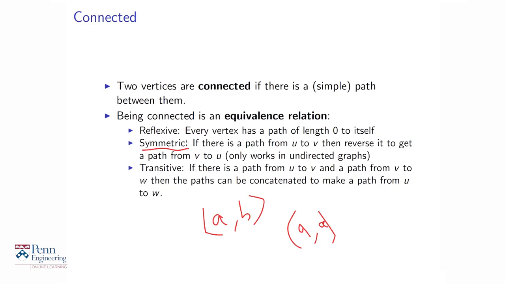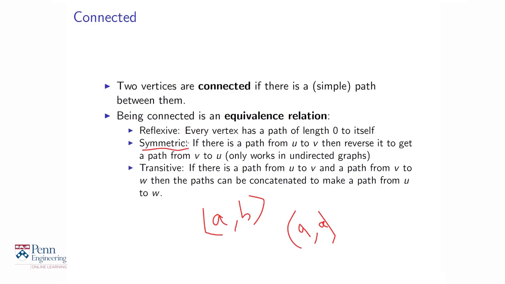Finally, the thing you require for an equivalence relation is transitivity, which means that if there are 3 vertices, U, V, and W, if there's a path from U to V and a path from V to W, then there's also a path from U to W. And that's easy to see by concatenating the paths. There's a path from U to V, let's call it P1.